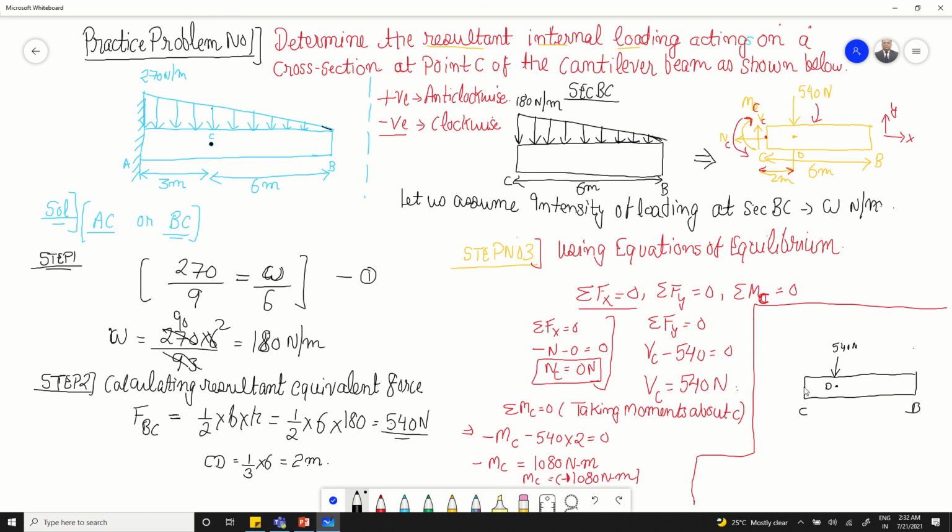Here NC direction is already okay. V is already correct as we have assumed, VC, and the moment actually will be in this direction, MC. So these are the internal loadings that will be acting at section C.